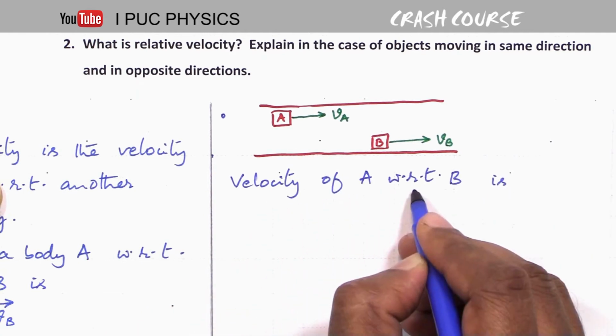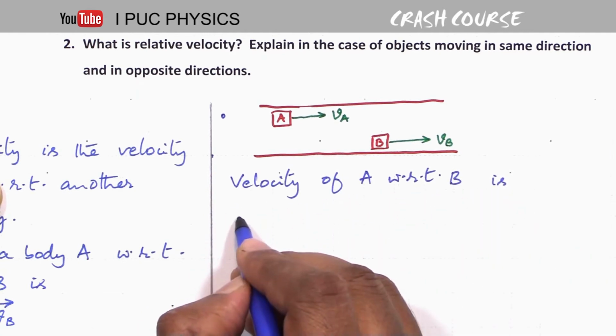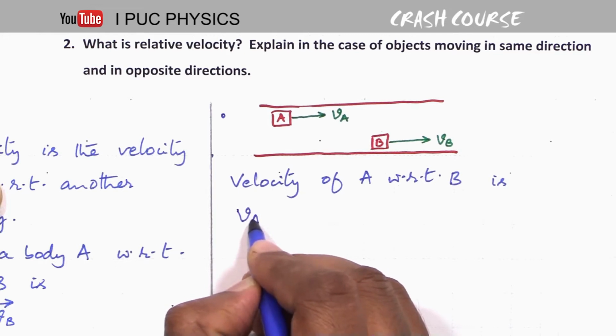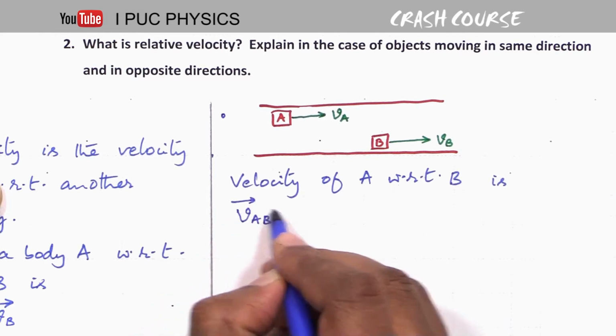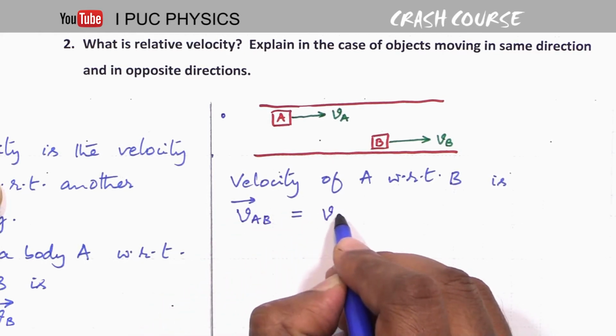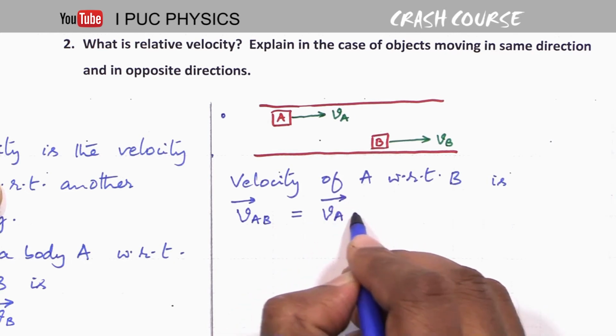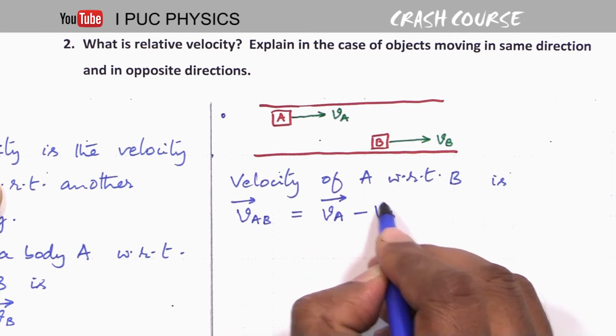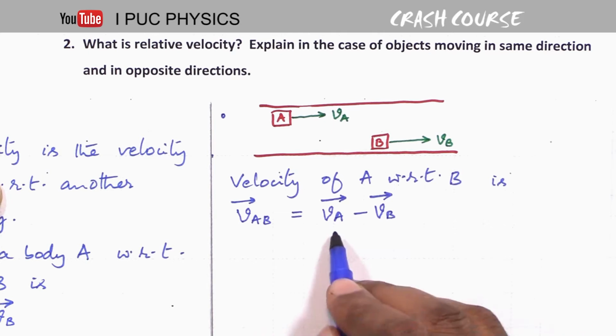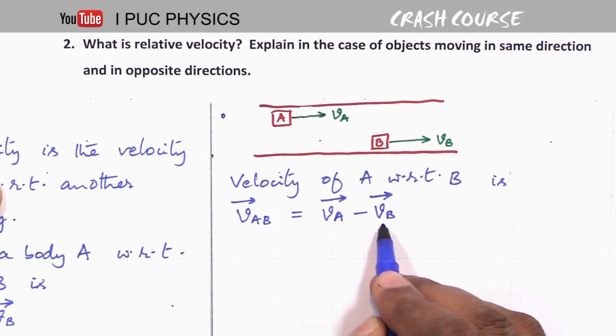Velocity of A with respect to B is denoted by VAB and it is VA minus VB. So it is the difference of these two velocities.